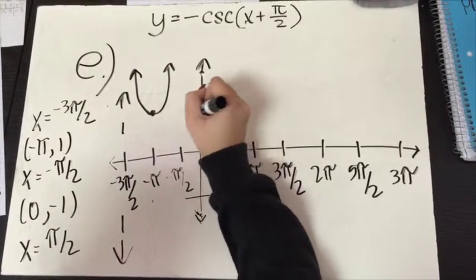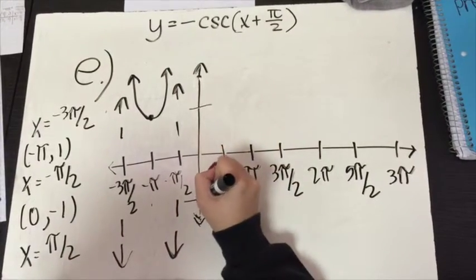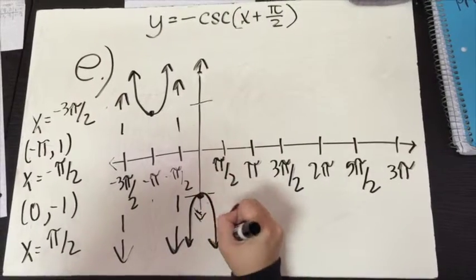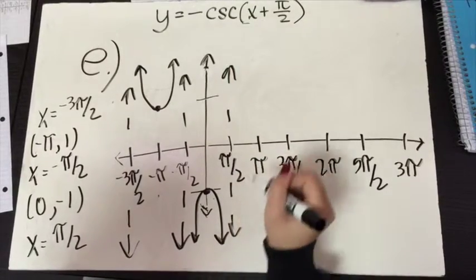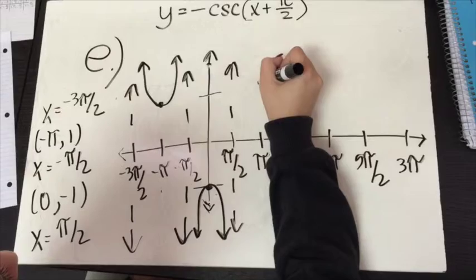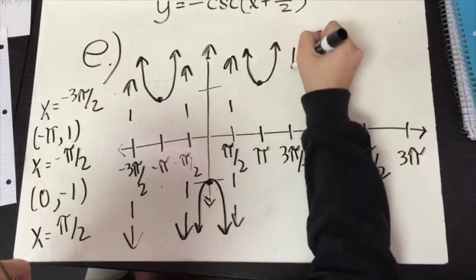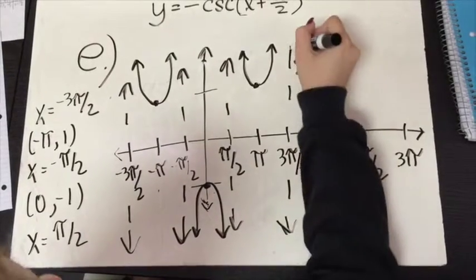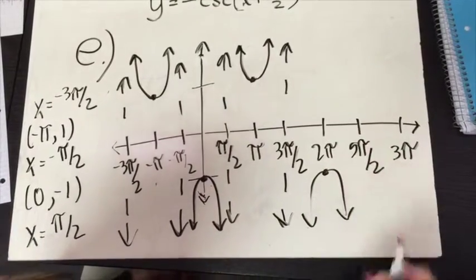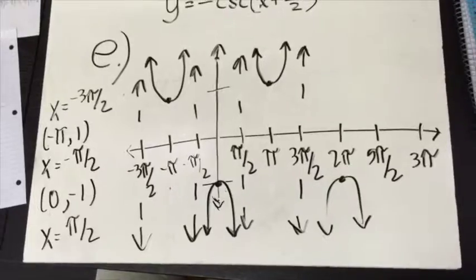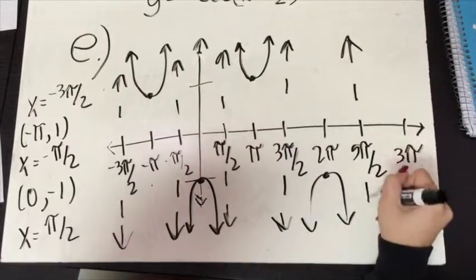And then there's another vertical asymptote at negative pi over 2, and 0, negative 1, and a vertical asymptote at pi over 2, and then pi, 1, a vertical asymptote at 3 pi over 2, and 2 pi, negative 1. Oh, and a vertical asymptote at 5 pi over 2.